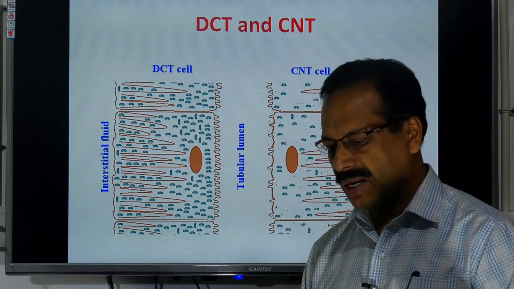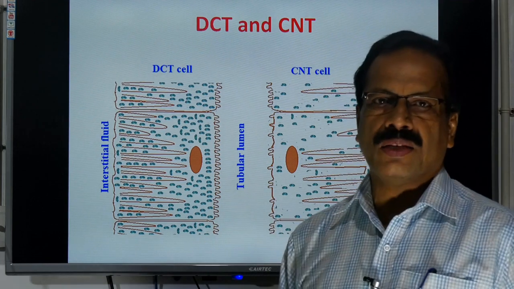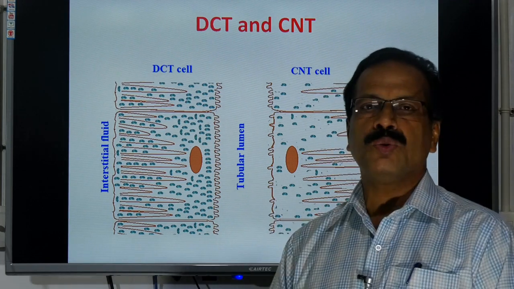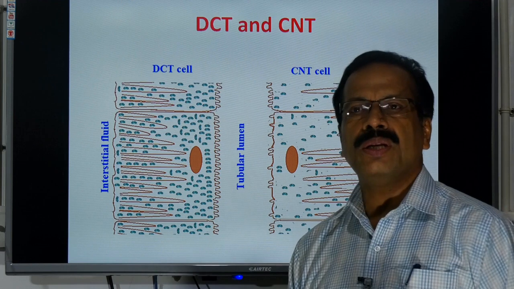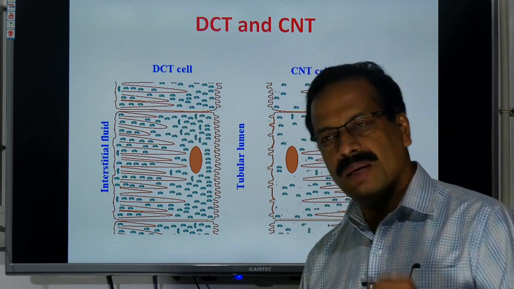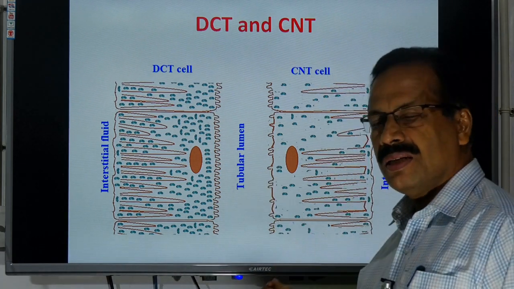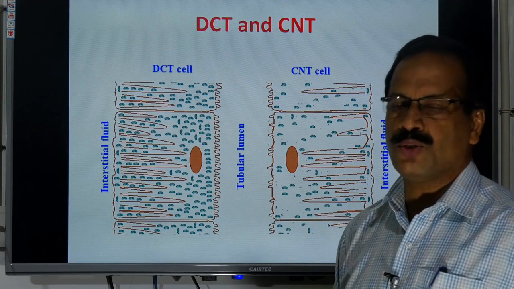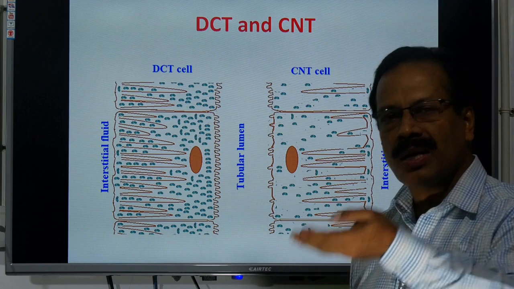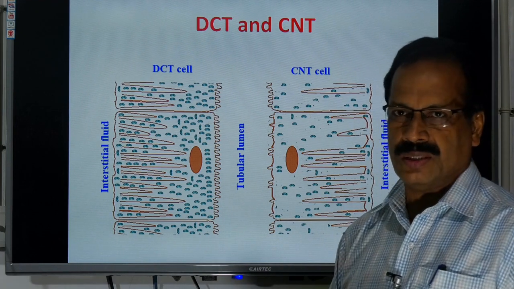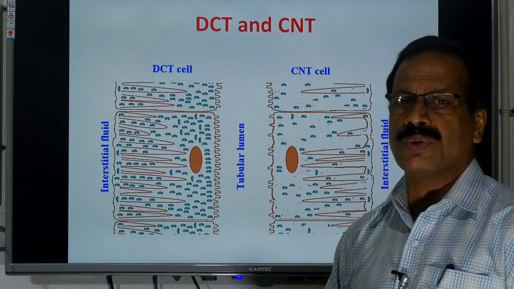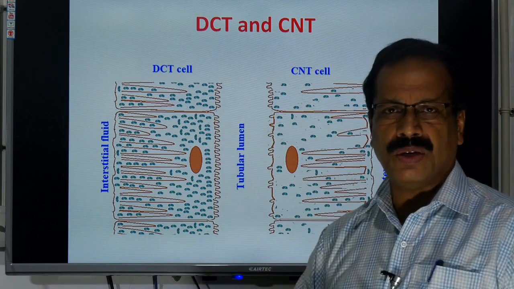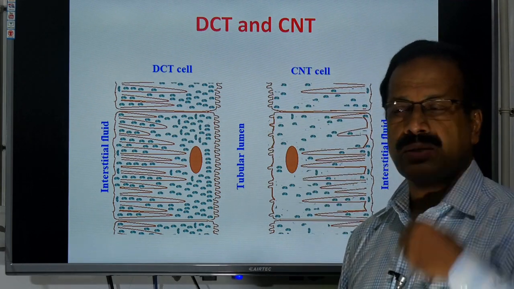For example, when we are living in a water scarce environment, or we are taking less water, the body needs to conserve the available water. For this conservation, we have to reabsorb the maximum amount of water. That type of regulated reabsorption happens in the distal convoluted tubule, and also calcium reabsorption.